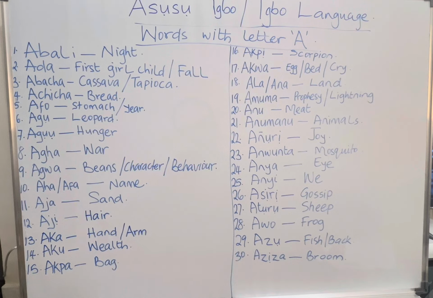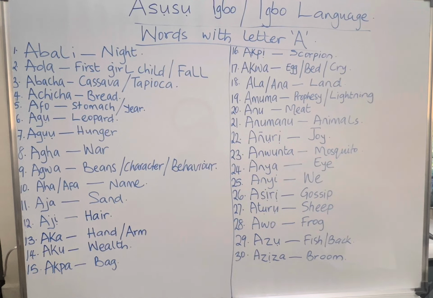Number 4, we have achicha. Achicha simply means bread. Pay attention to the vowel sounds and how they are written. This is A that has a dot under it. Achicha. Bread.